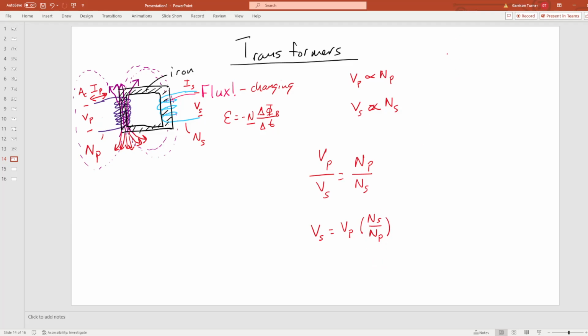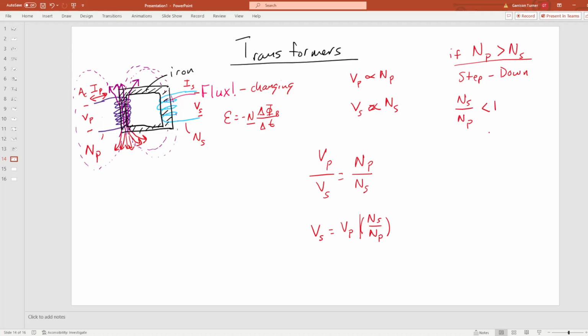So, if NP is greater than NS, then this is what we call a step down transformer. And you can see that if this is the case, then this ratio is going to be less than 1.